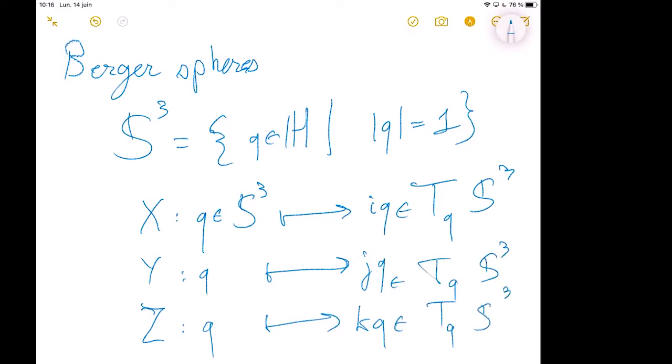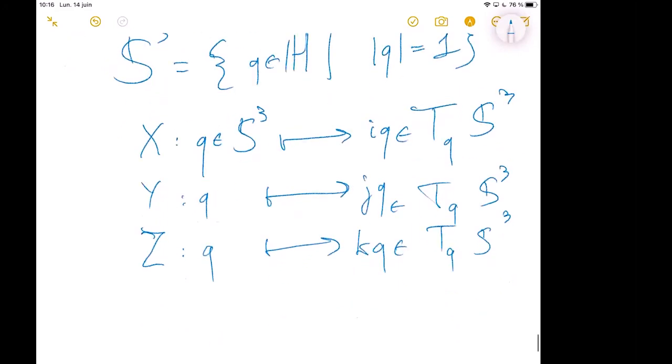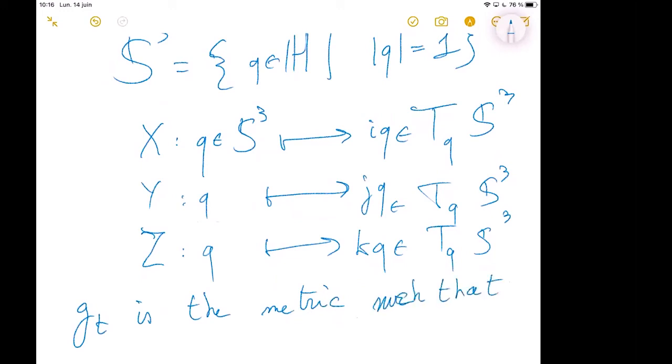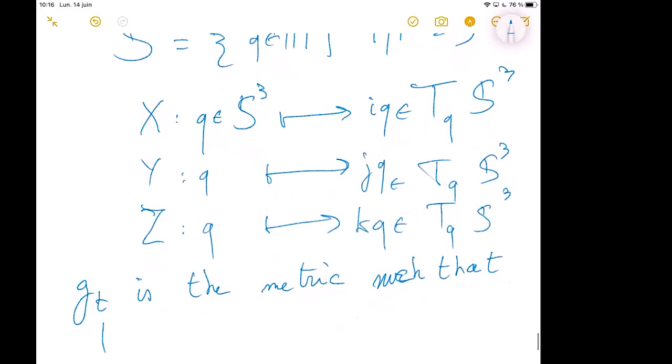There are 3 left invariant vector fields on S3, and so g_t is the metric such that the vector fields X, Y, and Z are orthogonal.